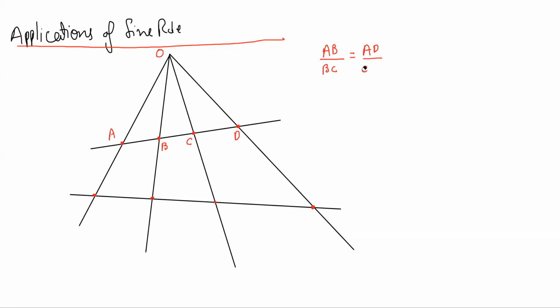So B divides AC internally in a certain ratio, and D divides AC externally in the same ratio. This is an interesting thing, right?